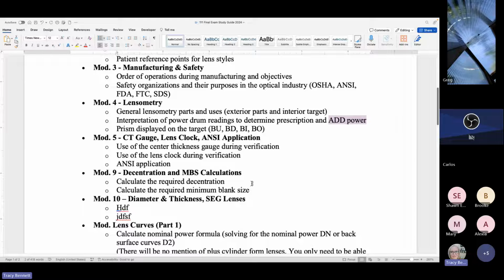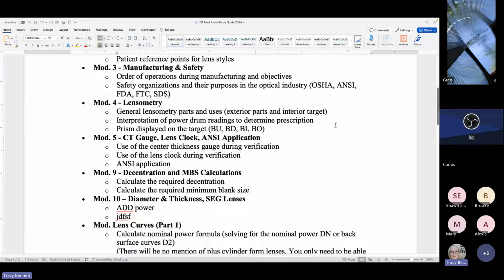But figuring out your add power: when you're reading above the seg in the distance, you focus the sphere and get that sharp, and then move into the seg and center that in the lensometer.